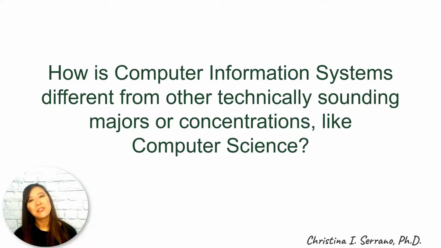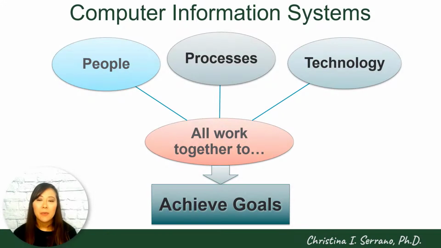So how is computer information systems different from other technically sounding majors or concentrations like computer science? Well, we talked about how information systems are comprised of people, processes, and technology that all work together to manage information to achieve goals.